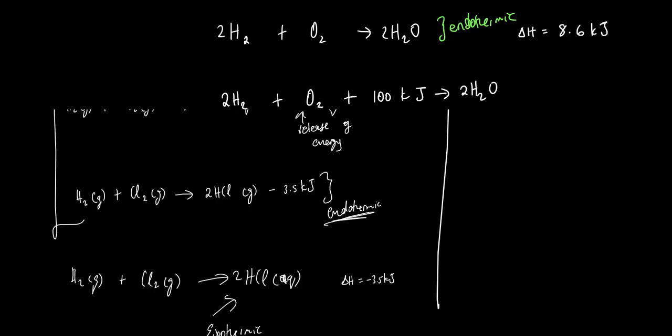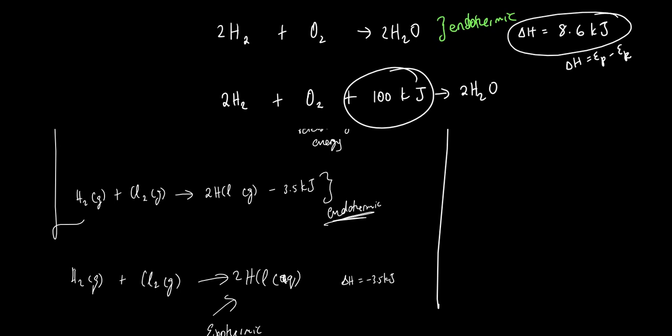Now what you should see from this is that the energy is part of the reaction, whereas here we just gave you the enthalpy of the whole reaction, because we already calculated the difference between the energy of the product minus the energy of the reactants. Then we gave you this value, but here you do not have the energy of the products per se, you don't have energy of the reactants, and you don't have the difference between them, but rather you have that energy that is being absorbed or that is being released.